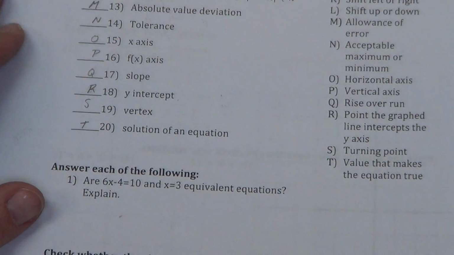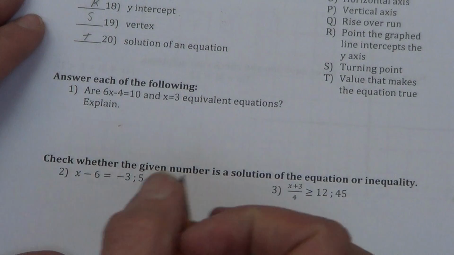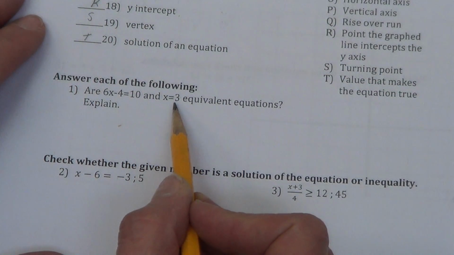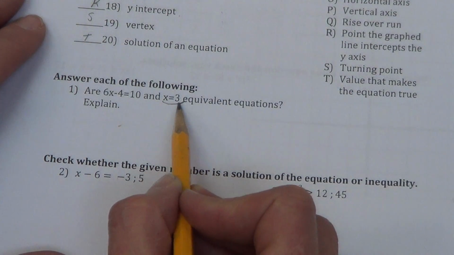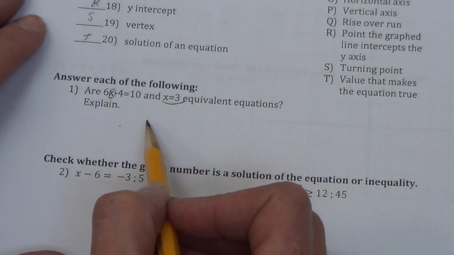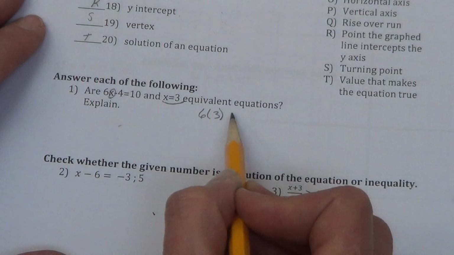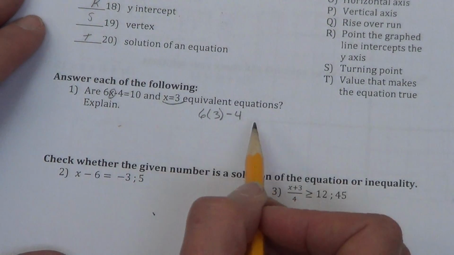So, if we go down to the two problems at the bottom of page 1: are 6x minus 4 equal to 10 and x equals 3 equivalent equations? Well, in order for them to be equivalent, 3 needs to be the value of x in that equation. So if we take 6 times 3 minus 4, it needs to equal 10 in order for them to be equivalent.